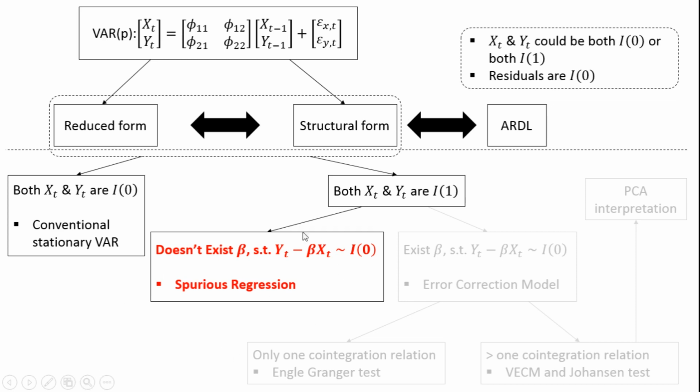We can determine whether there is a spurious regression using augmented Dickey-Fuller tests. The situation in which we accept the null hypothesis in the Dickey-Fuller test means that there is a problem of spurious regression.